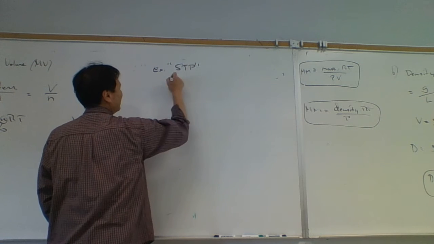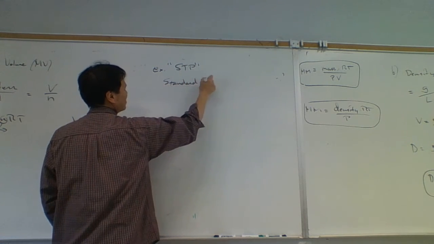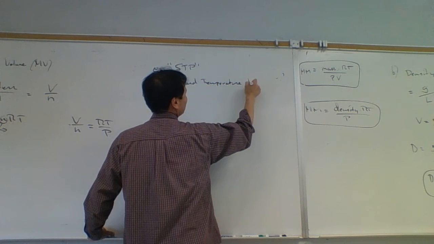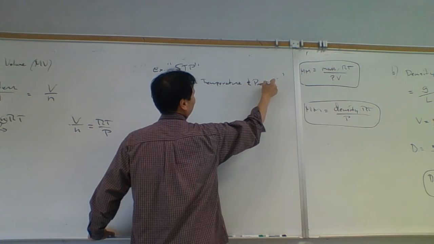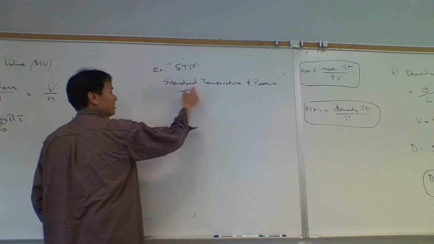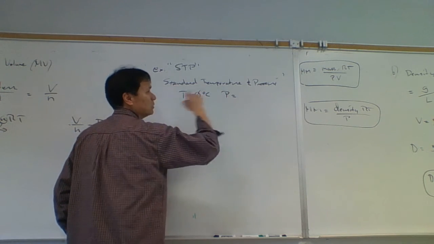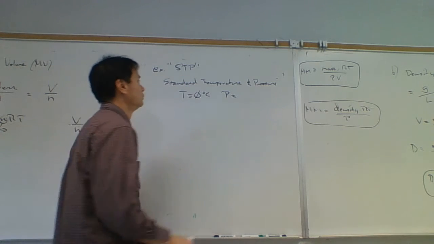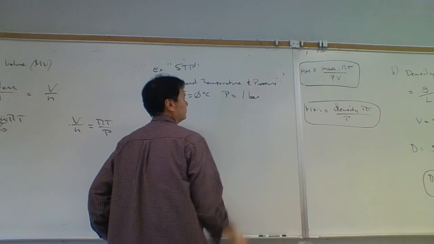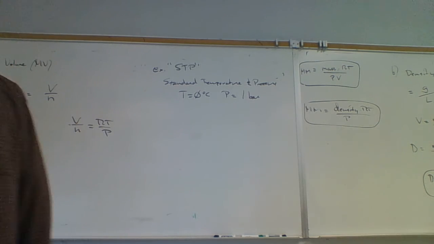STP is called standard temperature and pressure. The temperature is equal to 0 degrees C. The pressure is equal to 1 bar. This is a reference point, an arbitrary reference point.